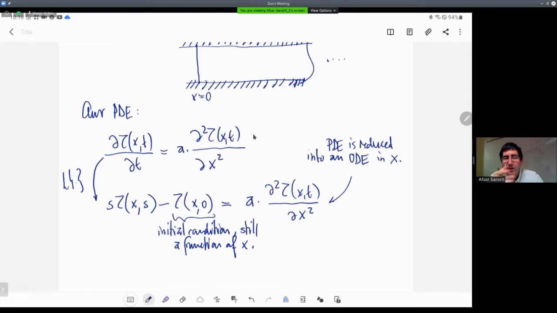Here, because we have a partial differential equation of two variables, taking the Laplace transform with respect to the time variable eliminates the derivative with respect to one of the variables, but the other derivative remains, so you end up with an ordinary differential equation.